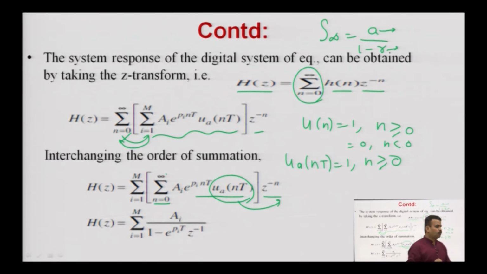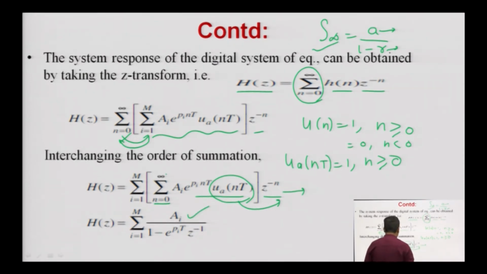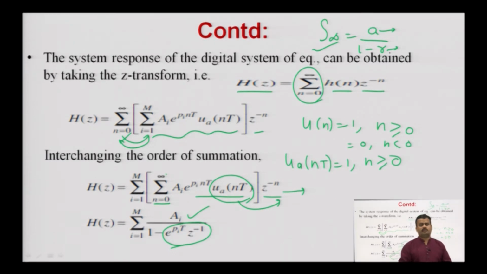So if you open this series, you will find the GP, and by this formula, a upon 1 minus r, here a is a i and r will be this one. Because it is a numerical paper, you have to solve more and more examples and derivations, then it will be easy for you.